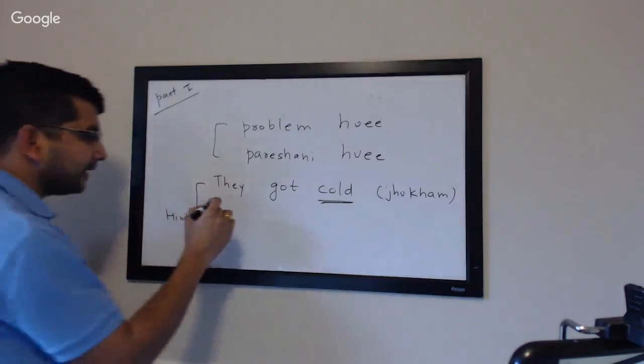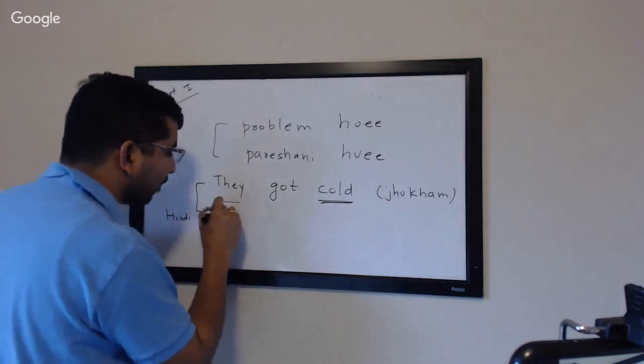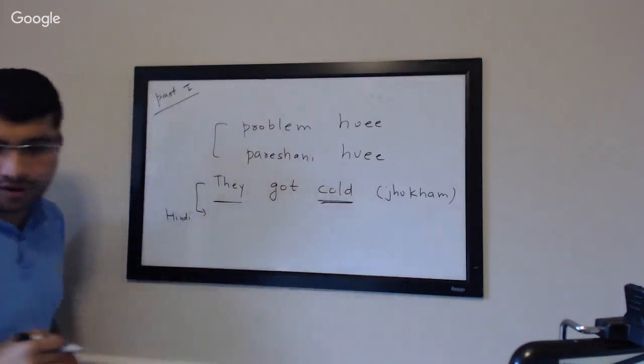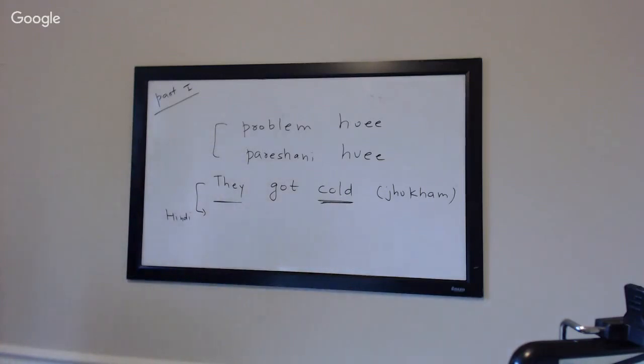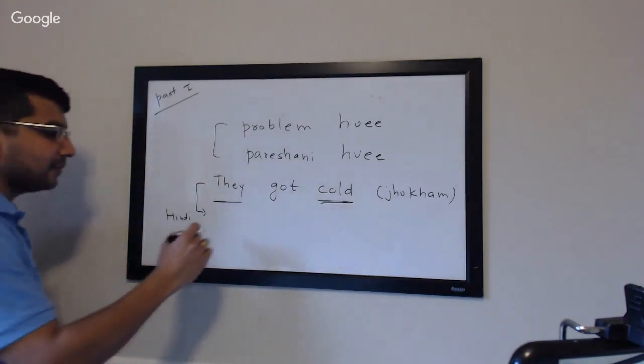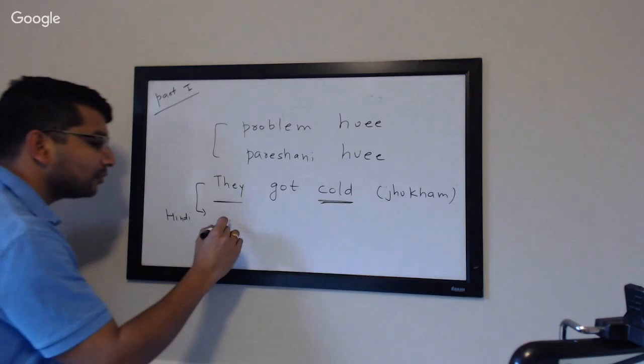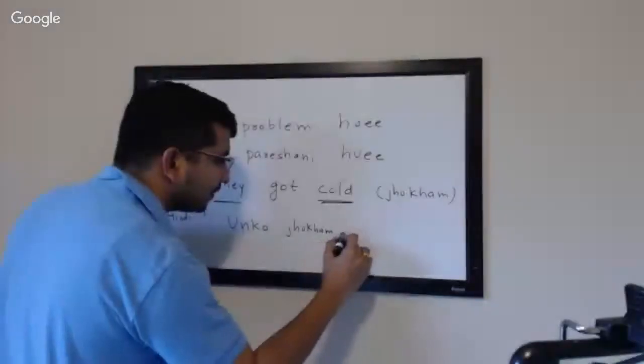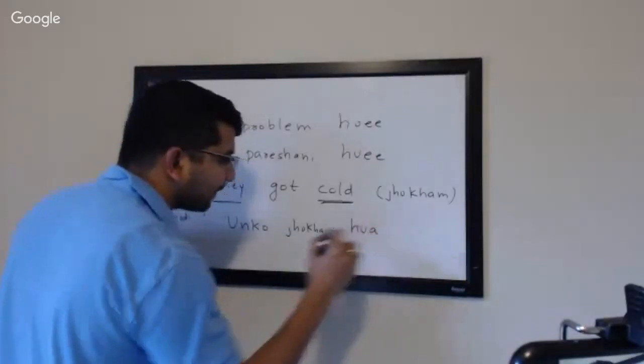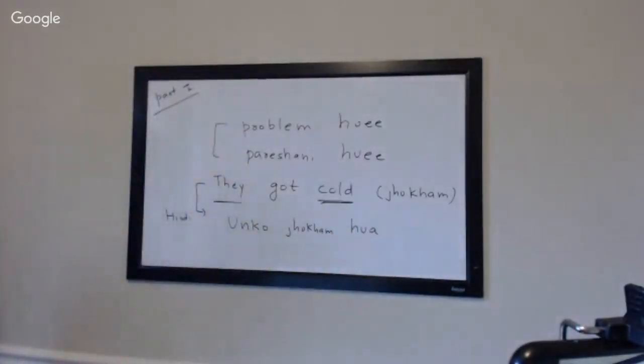So just to be clear, it's not about the form of they. It's the form of object here. Okay. So you'll say उनको जुकाम हुआ. Okay, उनको जुकाम हुआ. Yeah, very good. उनको जुकाम हुआ.